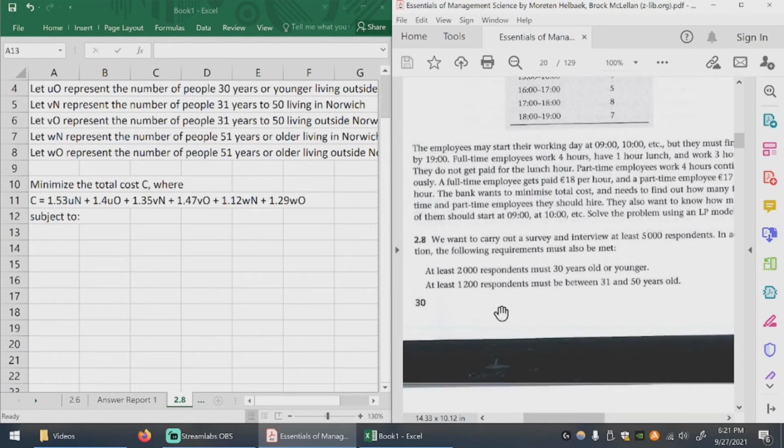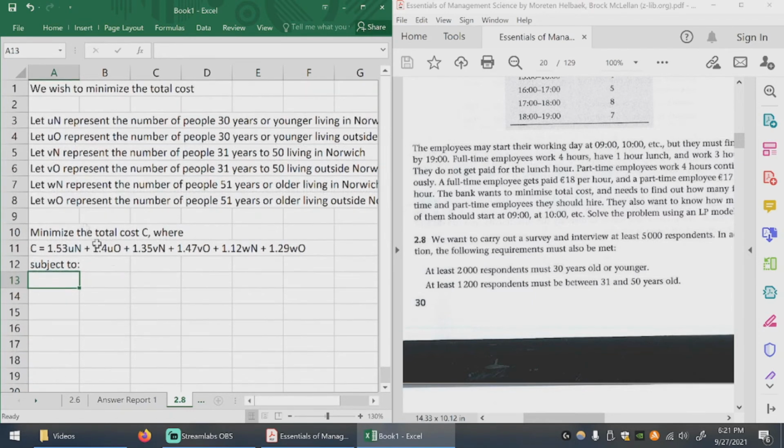All right. We want to carry out a survey and interview at least 5,000 people. So the total number of people surveyed will have to be at least 5,000. How do I calculate the total number of people? I add up all the variables.